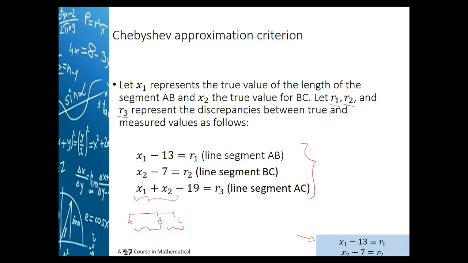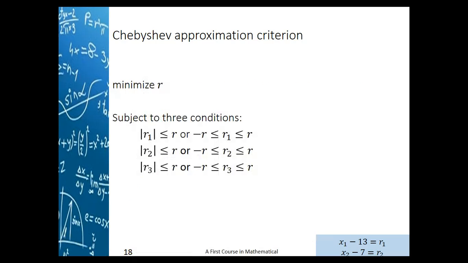Once we have this under our command, what is our main intention for doing this Chebyshev approximation criterion? Earlier we noticed that we want to minimize the largest absolute value, which is R, your residual value.